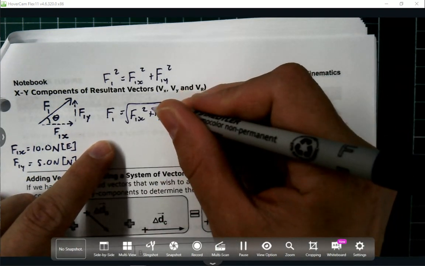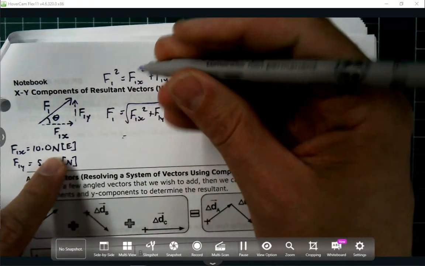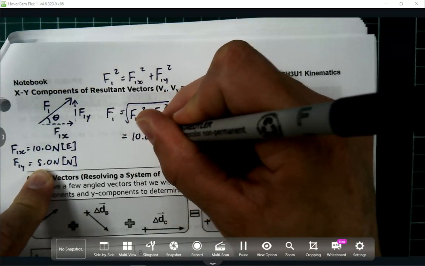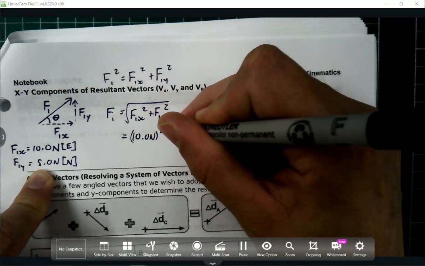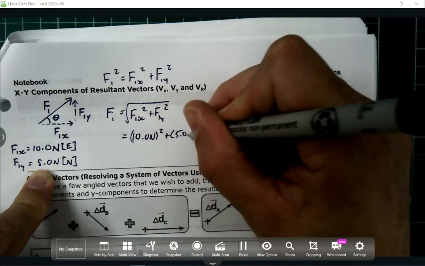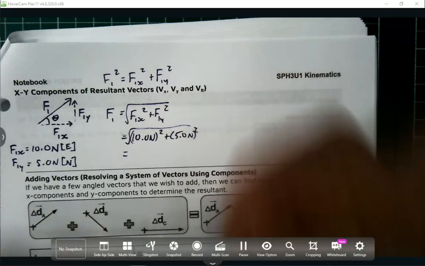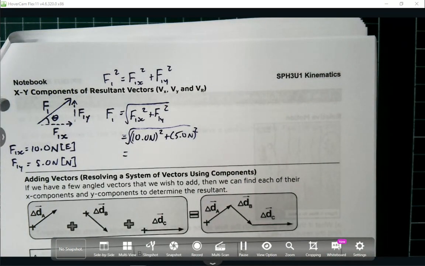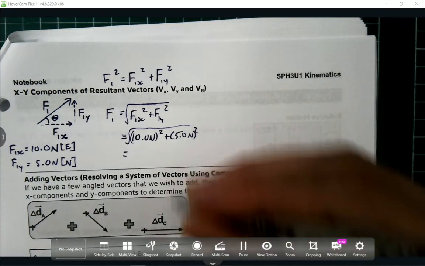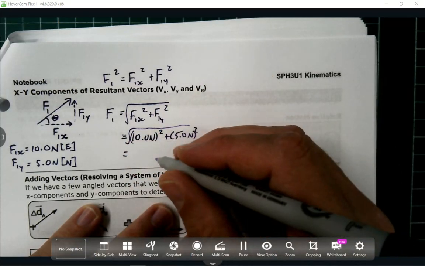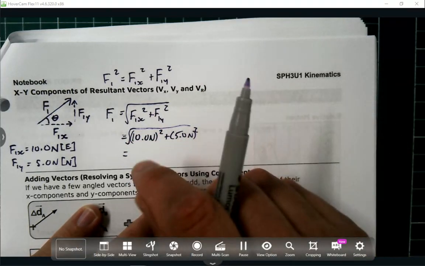All right, so we've got some forces, and we can sub in our values. We can say, okay, 10.0 newtons squared plus 5.0 newtons squared, all rooted. Somebody with a calculator who's quick on the draw? 3.872. Sorry, say that again? 3.872? I don't think so.